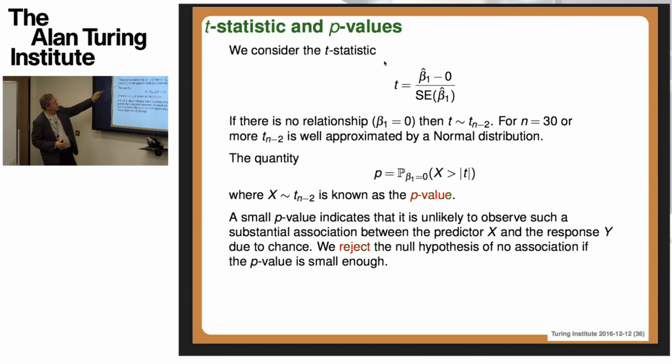This quantity, if beta 1 is equal to 0, can be shown to have a t-distribution with n minus 2 degrees of freedom, which is actually very close to a normal distribution for large enough values of n.